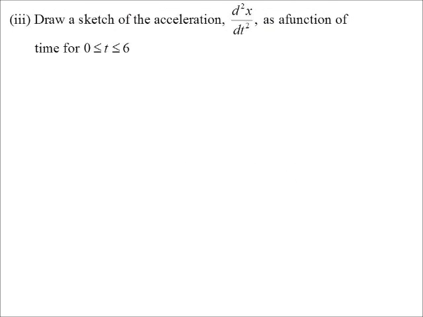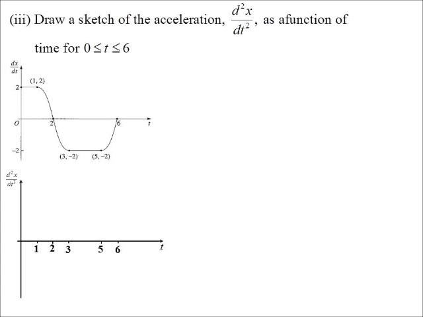Now we're going to draw a sketch. Last time we had a velocity graph, we drew a displacement graph. Now it's going the other way. We've got a velocity graph, we want to draw an acceleration graph. So here's velocity. Again, underneath, I'll draw another graph and plot in some key points. What have we already worked out? Well, let's look at the easy bits.